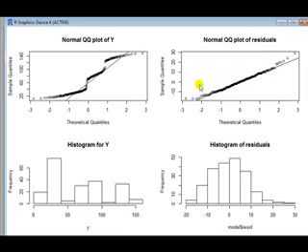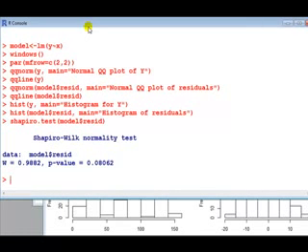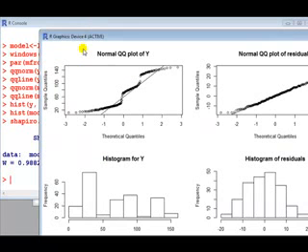It's pretty much on the line, and we can run a Shapiro-Wilk test on the residuals as well to test whether it's normal. Running on the residuals, the null hypothesis is that the errors are normally distributed. The p-value is 0.08, bigger than 0.05, so evidence not to reject the null of normality of the errors. Well, that is the classical assumption of regression.